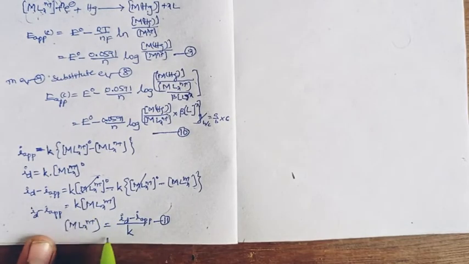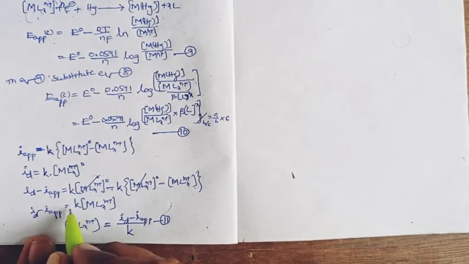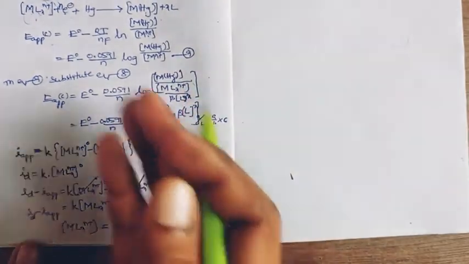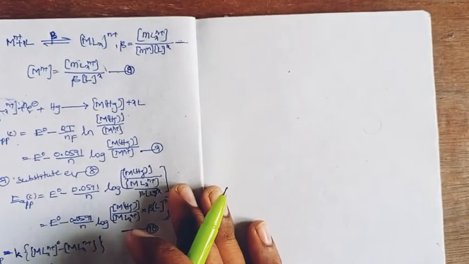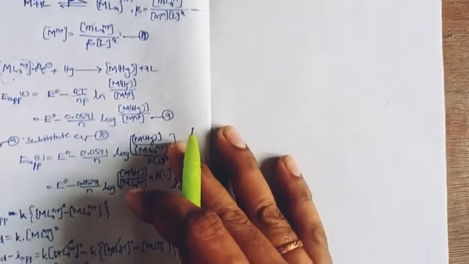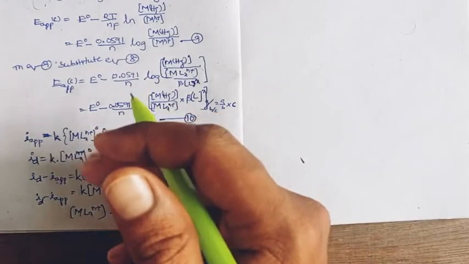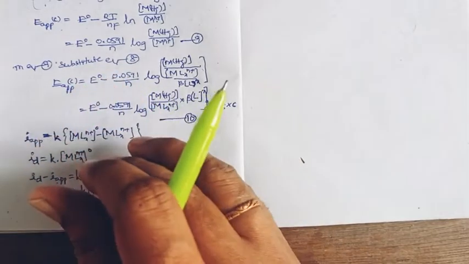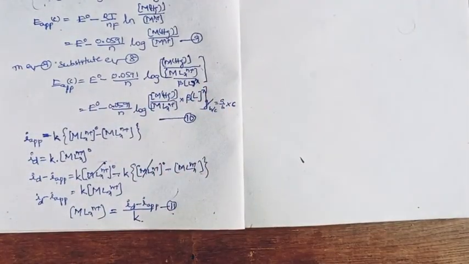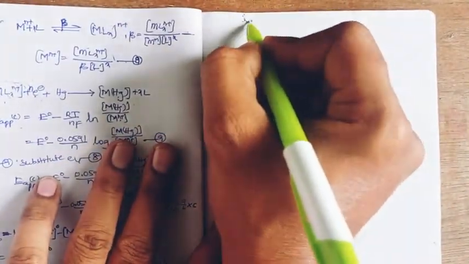Writing the remain metal ion concentration, K goes from left to right into the denominator. Equation number 11 is generated as in the previous steps, similar to the first step, which also has some simplification steps. Here also the same. Now we will go with the applied current again.